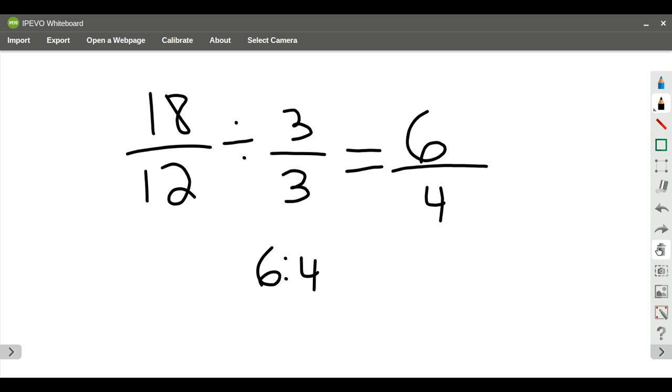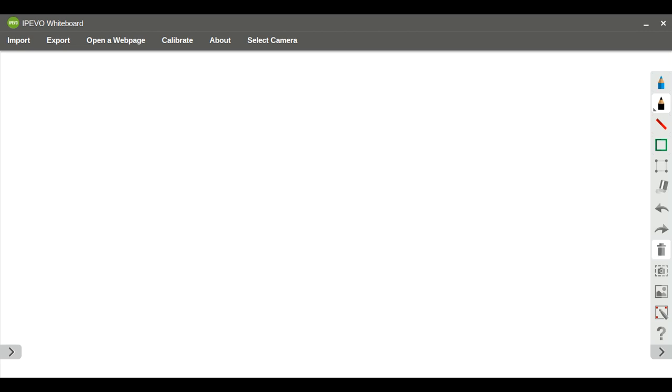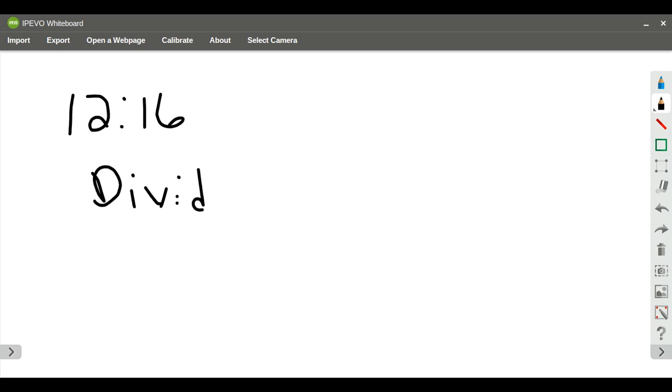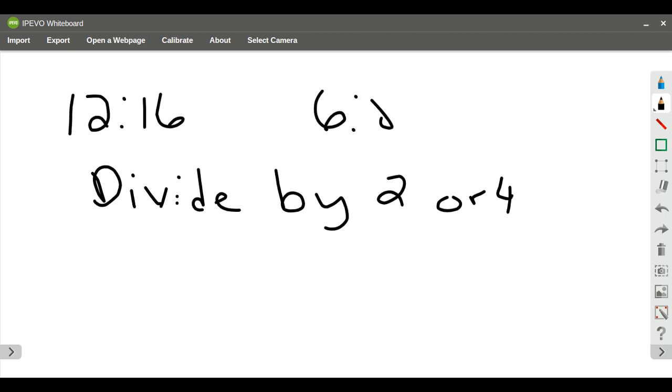All right, let's take a look at your guided practice. It says, what are 2 ways that you can find an equivalent ratio for 12 to 16? The first way that we can find an equivalent ratio is we can divide, because they have a common factor. So I can divide by 2 or 4 to get an equivalent ratio. If I divide by 2, I end up with 6 to 8. If I divide by 4, I end up with 3 to 4.